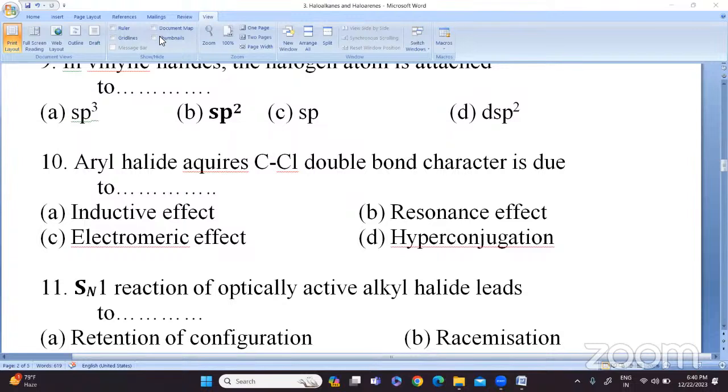It is due to A, inductive effect, B, resonance effect, C, electromeric effect, or D, hyperconjugation.